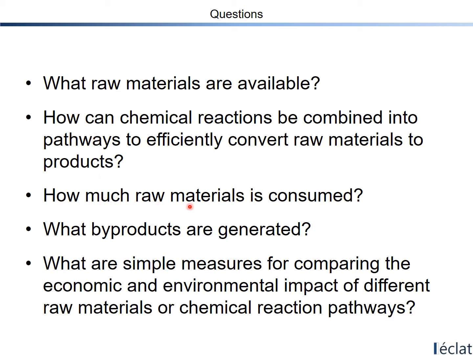How much raw material is consumed? It's a very important thing because this is closely related to money. What byproducts are generated, and if these byproducts are harmful or not eco-friendly, we need to have an additional cost to remove them.